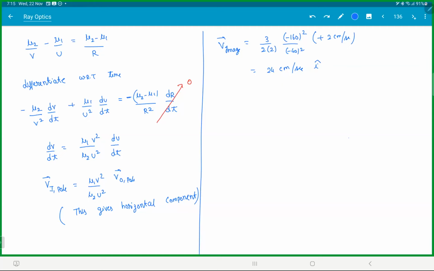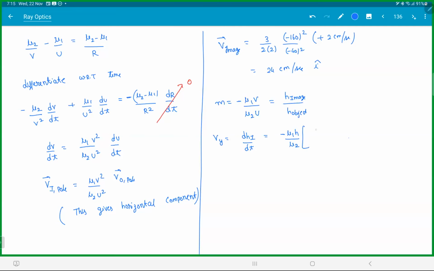Clear? The second part. We have to differentiate magnification, which is minus mu1 v by mu2 u, which is height of the image by height of the object. So velocity in the y component will be dhi by dt. That would be minus mu1 height by mu2, then the differential of v by u.